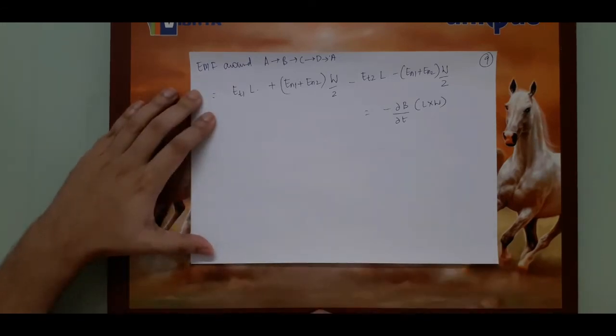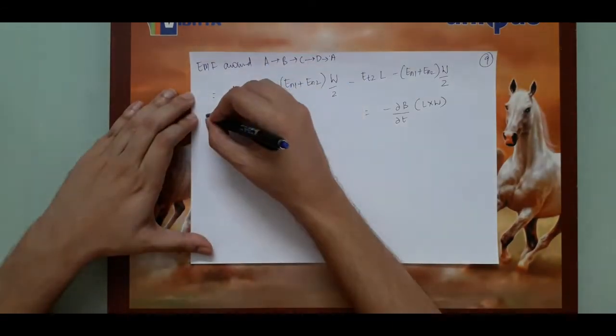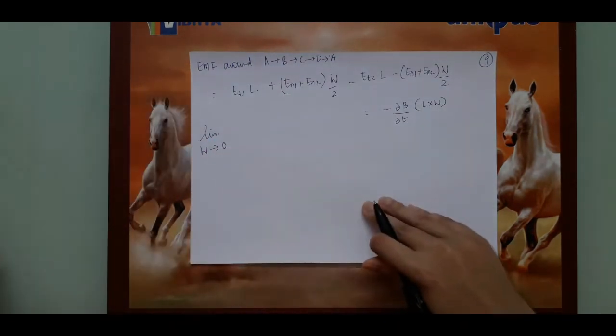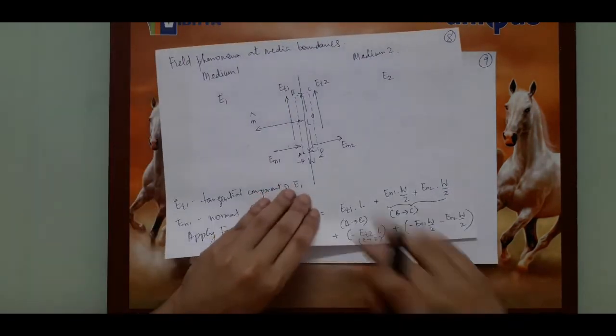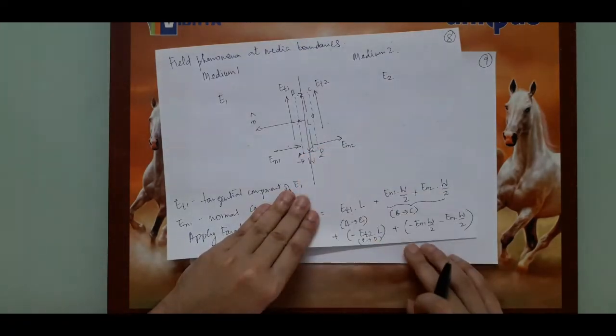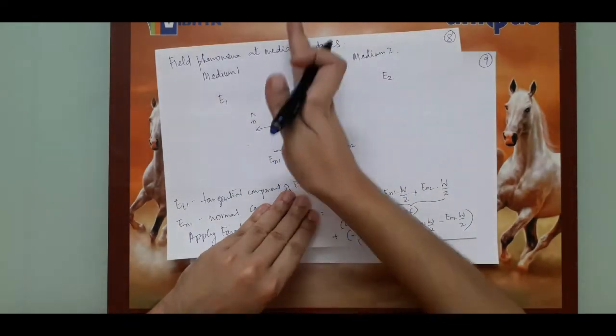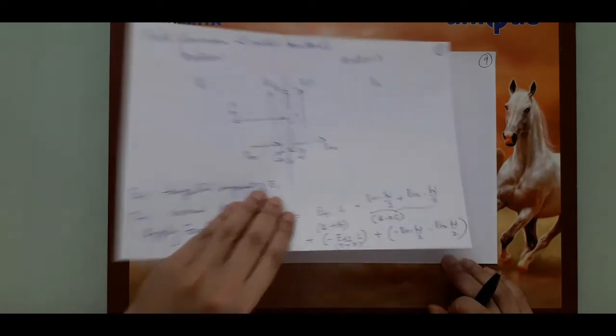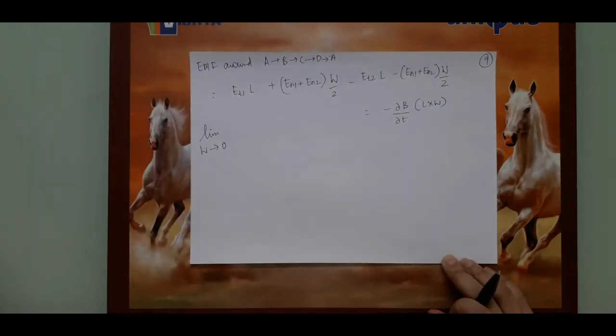But what is more important to know is that over here, if I now put the limit W tending to 0, why? Because I want to make the width of this rectangle very small. I am interested only near the media or the surface phenomena. The boundary between two media is acting like a surface.